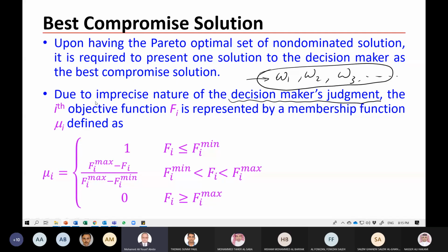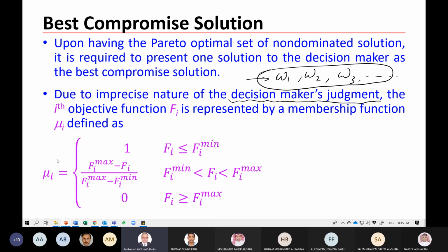So each solution can be defined as such. You can give a solution a weight or a membership function value, and of course if we had covered fuzzy logic, the concept of the membership function would be very clear.